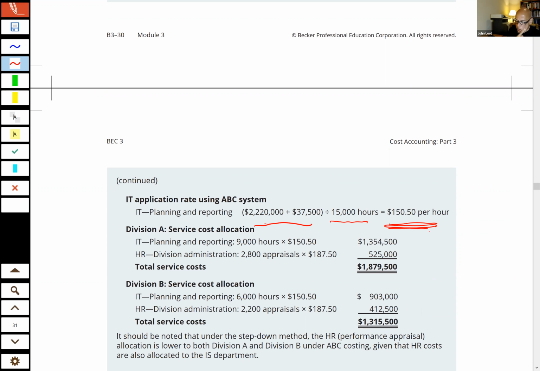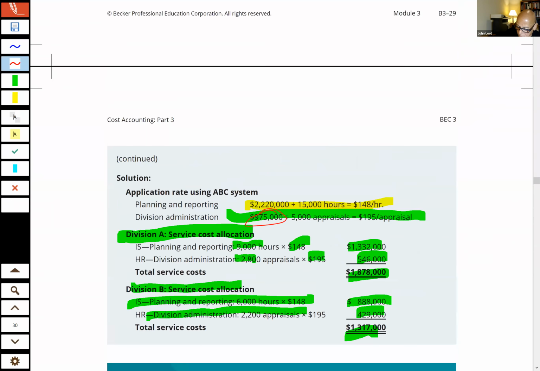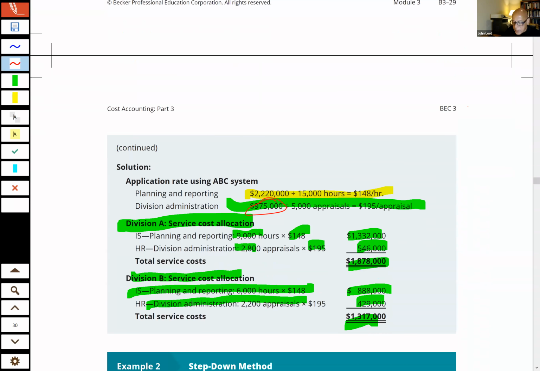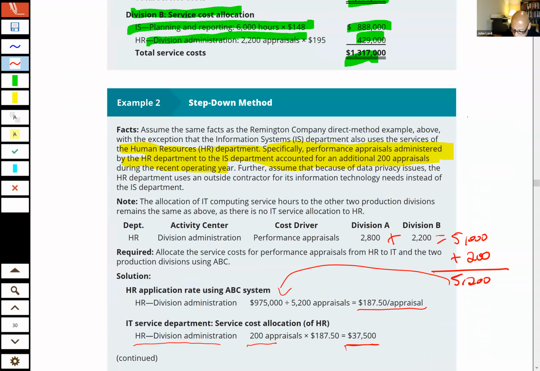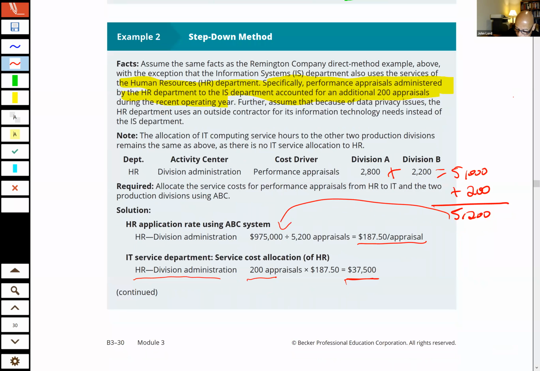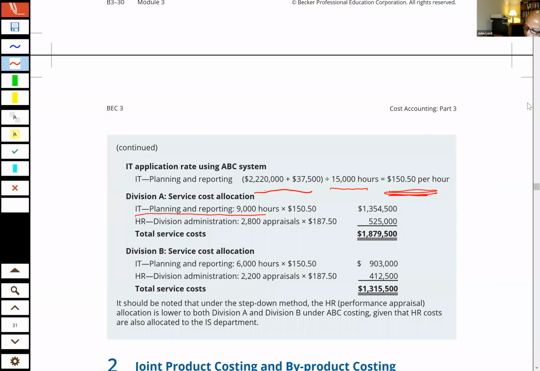Now 150.5 per hour for the IT. And now when we allocate those costs to the service department, remember the 15,000 hours, guys, just to go back, came from up here. That's where the 15,000 hours came from. But we divided it by a different cost now because we've added the cost of the additional 200 appraisals that were done. That gives me this 150.5 per hour, and we use that to allocate the 9,000 hours.